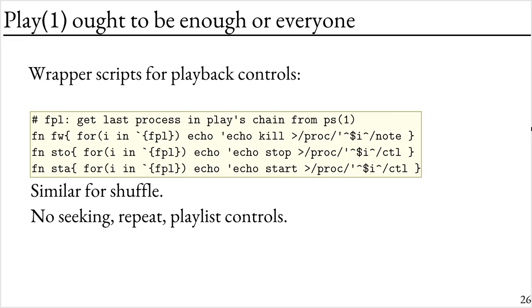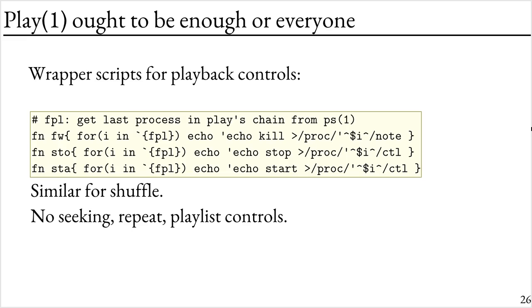So we can also get some very simple playback control, like pause, resume, and skipping to the next track by just controlling the process. The last process in play's execution chain, which we can get from ps. This last process usually ends up being the decoder, and once it exits, then play continues on to the next track.